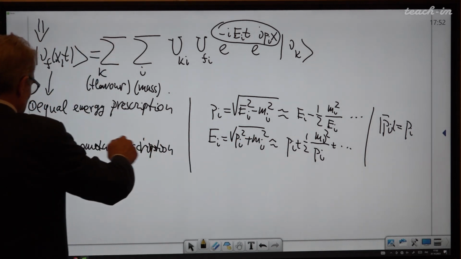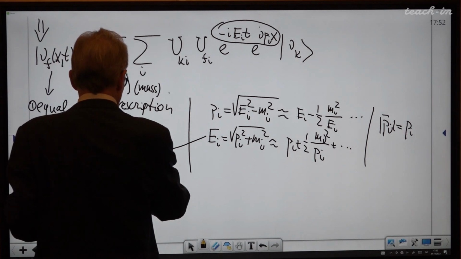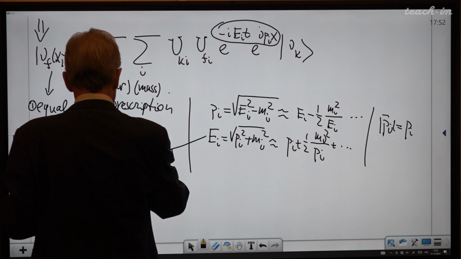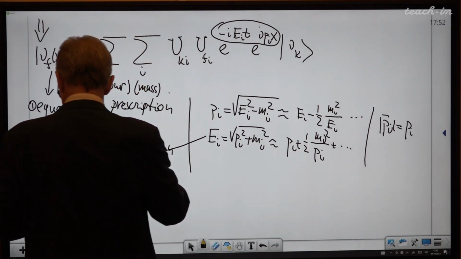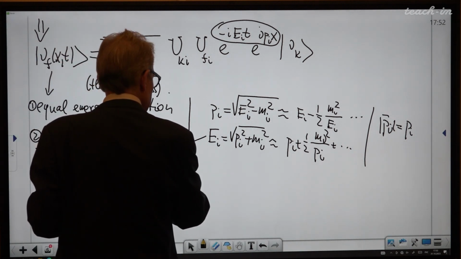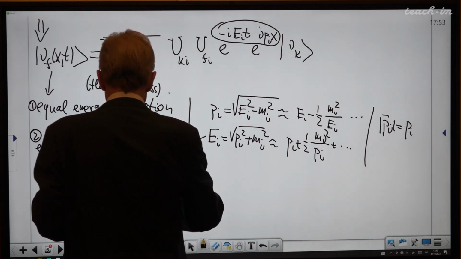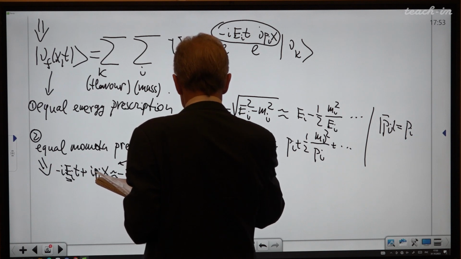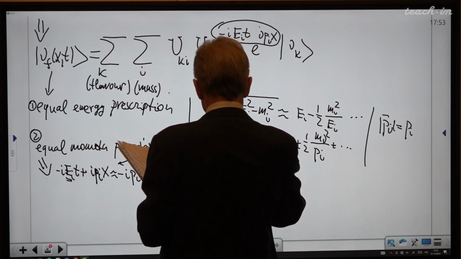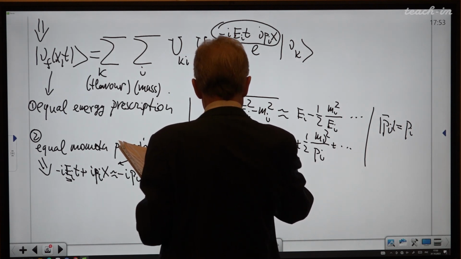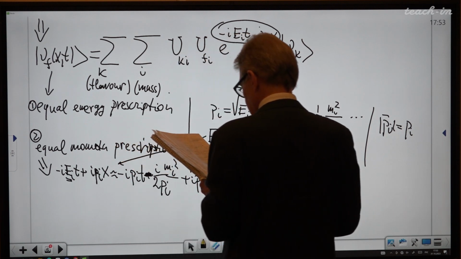We expand the energy first using this relation, and we get minus i p_i t minus i m_i squared divided by 2 p_i times t, plus i p_i x, equals minus i m_i squared divided by 2 p_i multiplied by t.